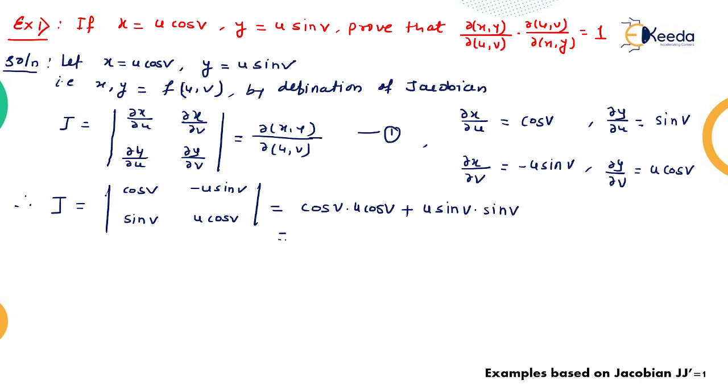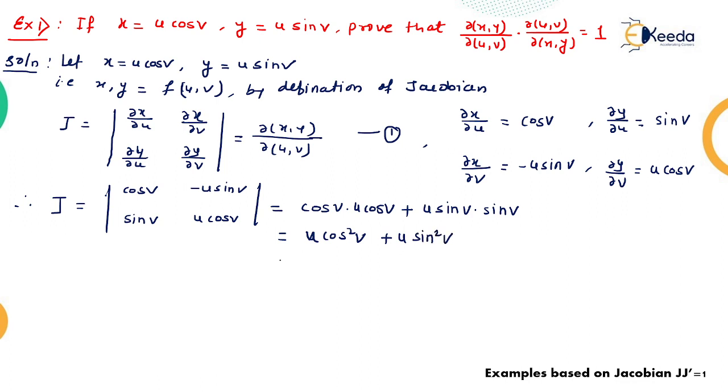After some simplification, that is u cos square v plus u sin square v.